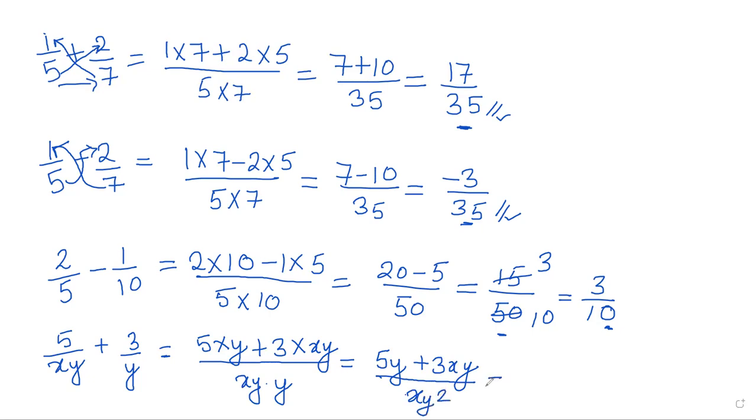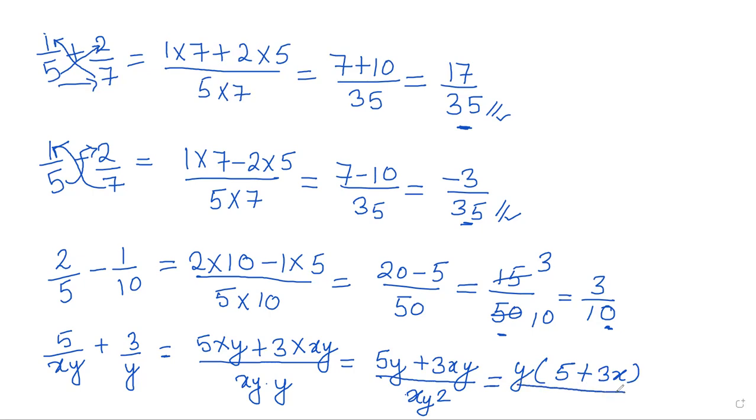So now comes the time when you should look for reducing the fraction. So if it was number, it would be easy. You should just check like what goes into both of those numbers. But when you have variables, you have to use this trick called factorization. So in between these two terms, in between 5y and 3xy, you can see that y can be factored out and you are left with 5 plus 3x.